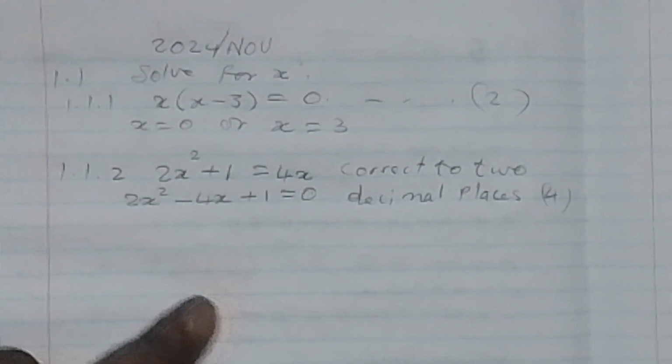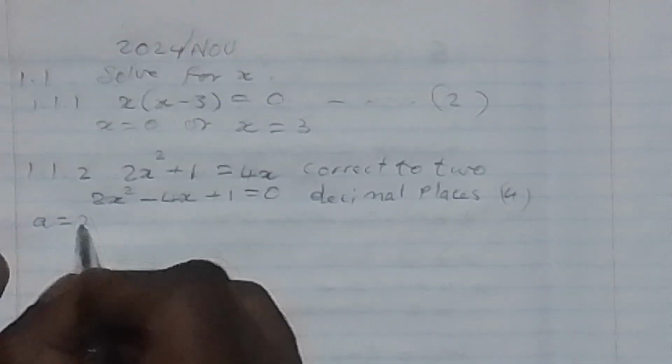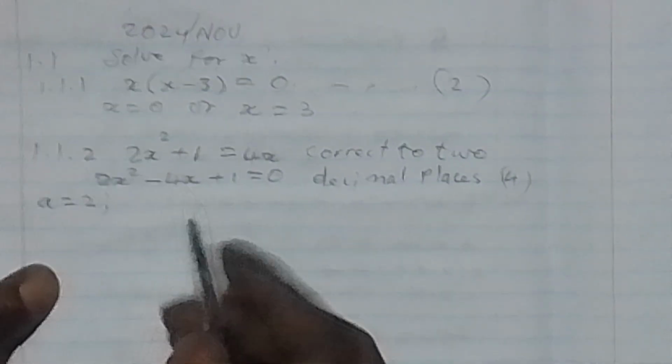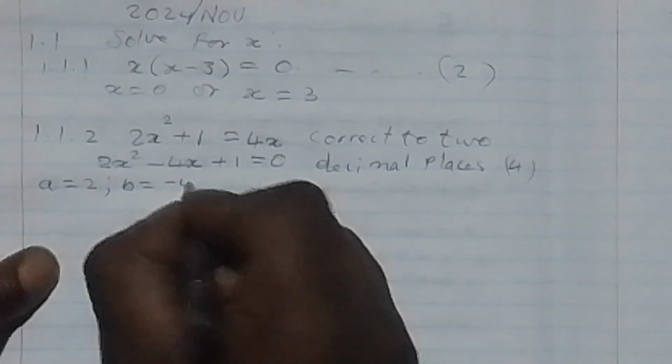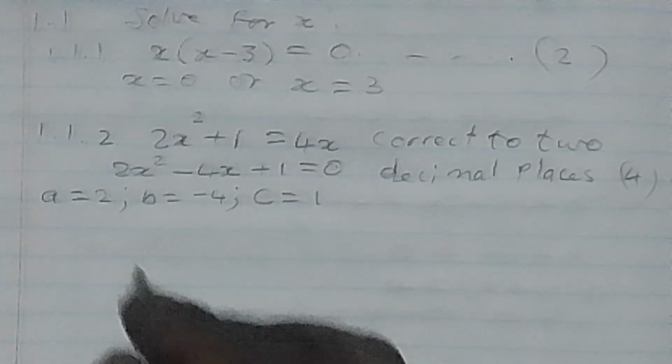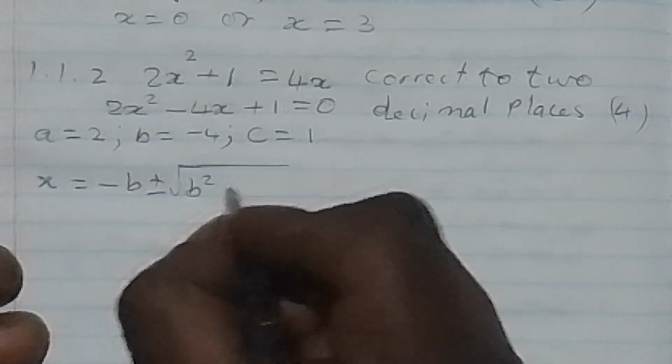Now it is in the standard quadratic form. Here you have a is equals to 2, b is equals to minus 4, and c is equals to 1. Then x is equals to minus b plus minus the square root of b squared minus 4ac.